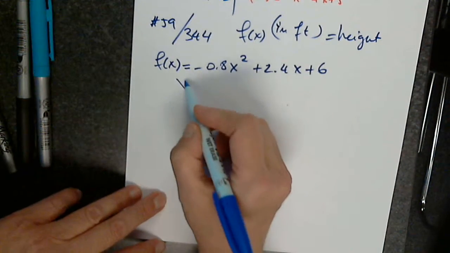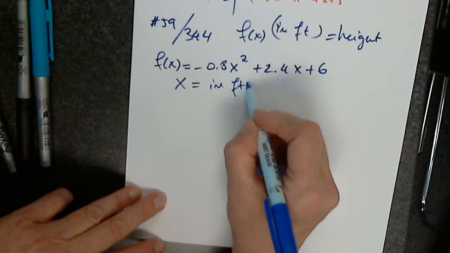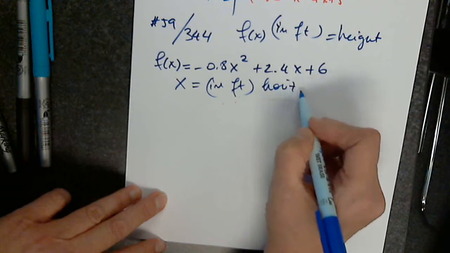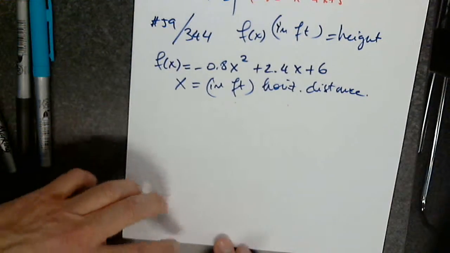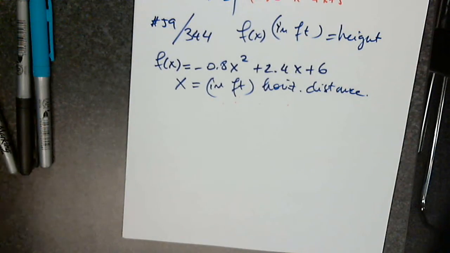So one more time, x is in feet, the horizontal distance. I have to take notes. When I read a problem, I take notes so I remember what is given and what is required.